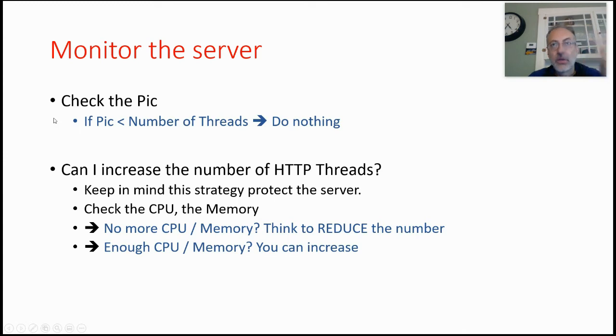Second, of course, you can increase this number, then you will get more work managed at the same time. But keep in mind, this parameter is here to protect the server. Before any increase, you have to check the CPU and the memory.